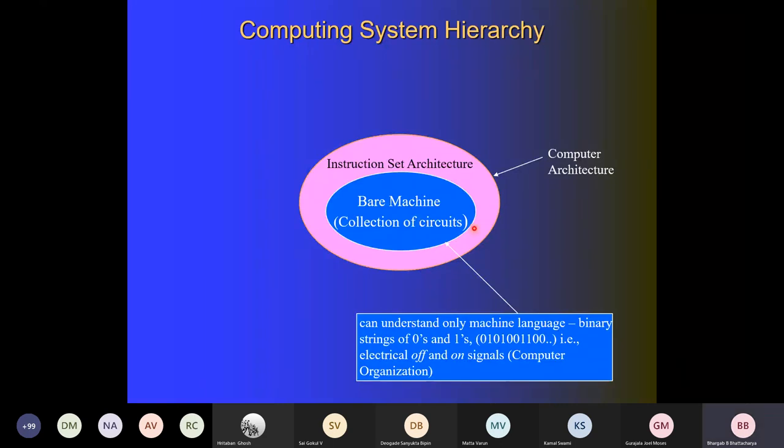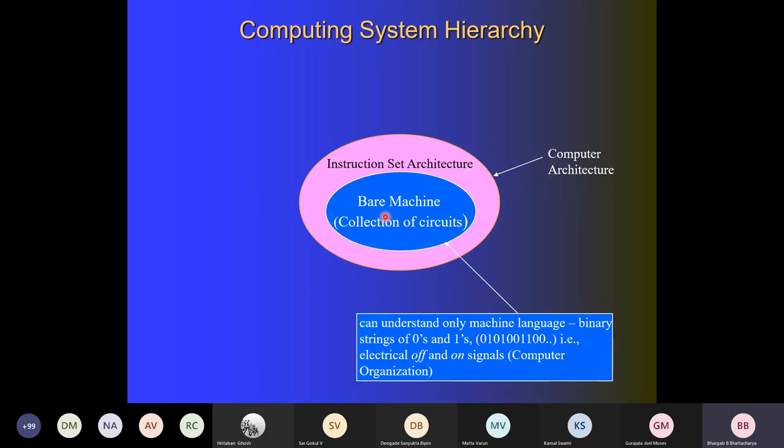So what is meant by the instruction set architecture? It is the behavior of the machine as apparent through the instruction set. The behavior of the machine can also be represented in terms of the interconnection of logic gates, but that representation would be further down, so we don't want to look into those details at this moment.